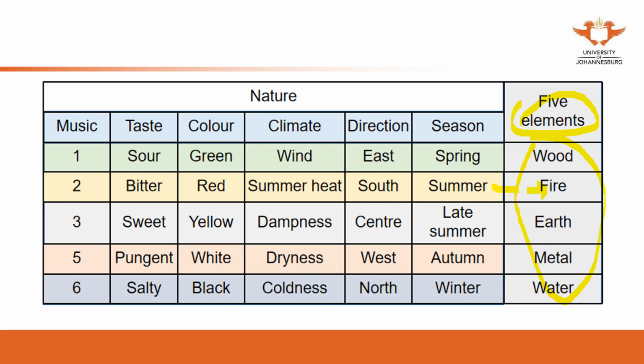So summer, you know, it's hot, so we put it in fire. The southern parts of the country are hotter than the northern part, so they are put in fire. Fire is hot and water is cold, and the northern part is cold, so we put the north in the water category. So these are different categories.